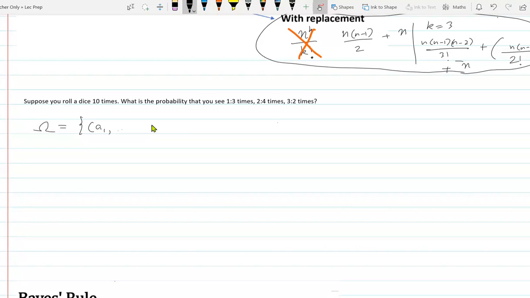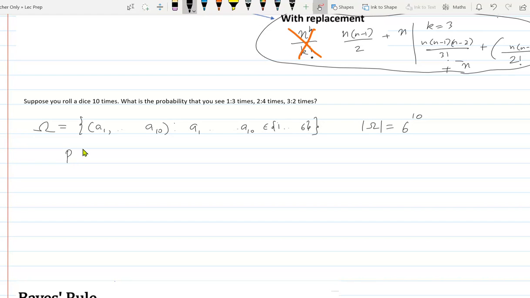You are throwing it 10 times. Suppose I was noting down things one after the other. So A1 to A10 can belong to the set 1 to 6. So the size of the sample space is, for each throw 6 possibilities, so 6 raised to 10. And what is the probability that this happens?